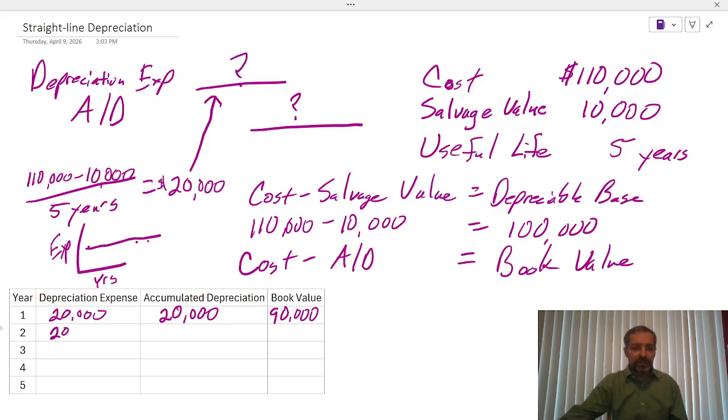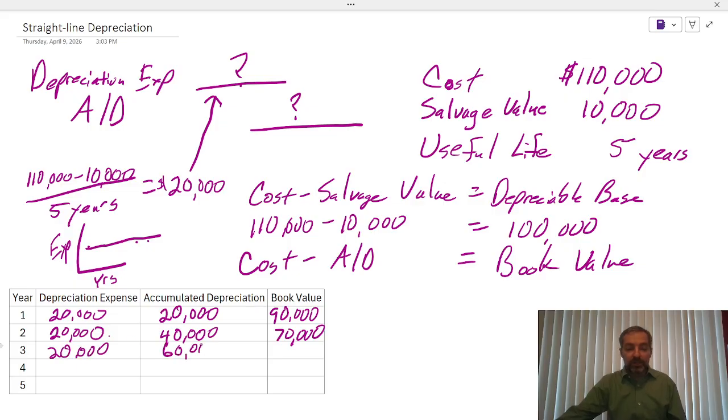Next year, depreciation expense is going to be exactly the same, but accumulated depreciation goes up another 20,000. So we had 20,000 last year, add another 20,000 this year, that gets us 40,000. Our book value goes down another 20,000, and we're just going to keep going in this manner.